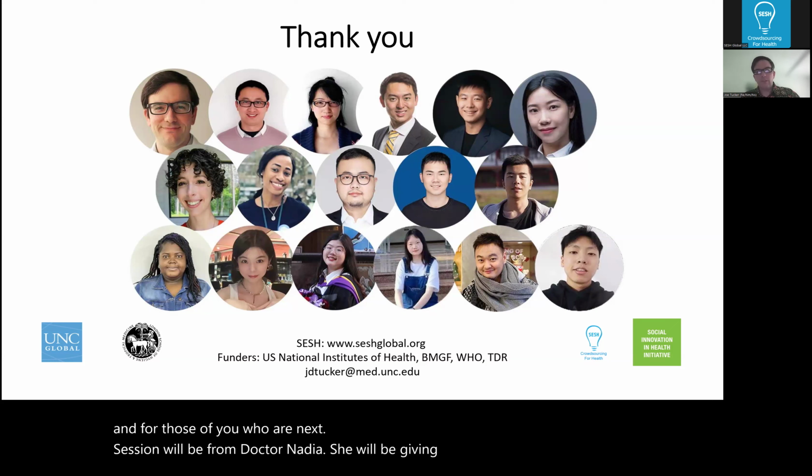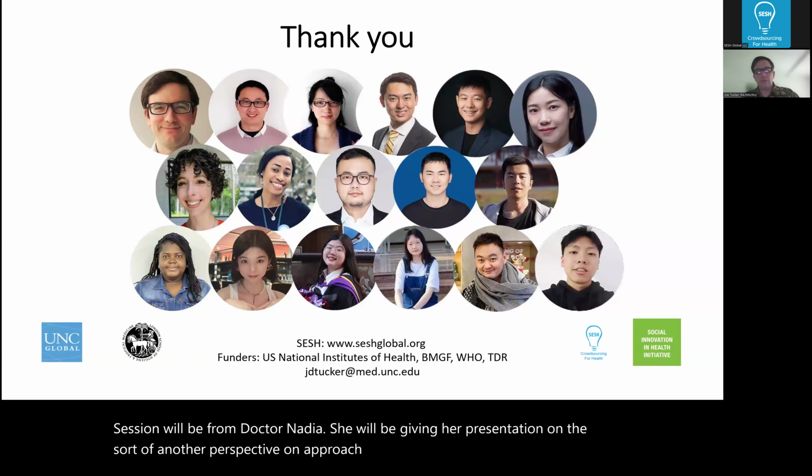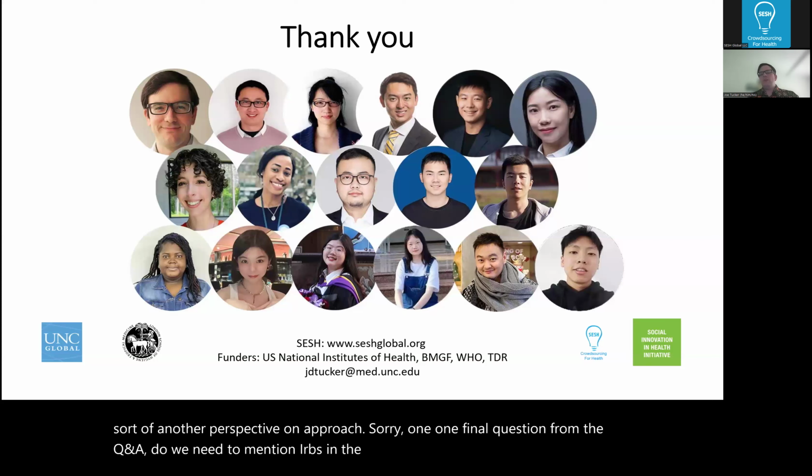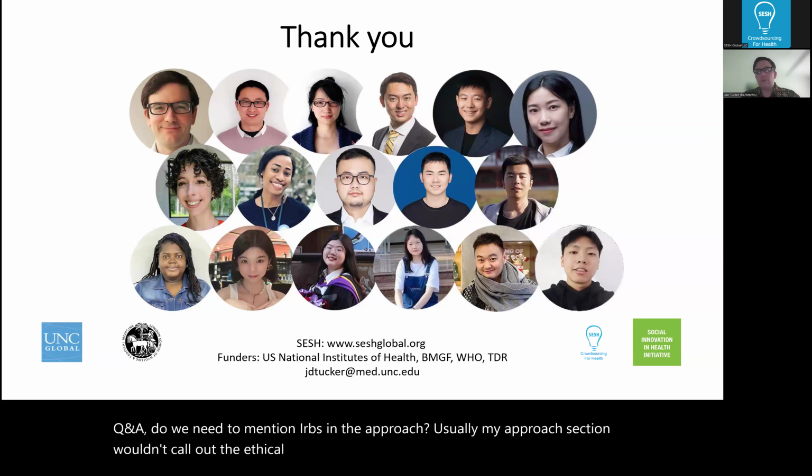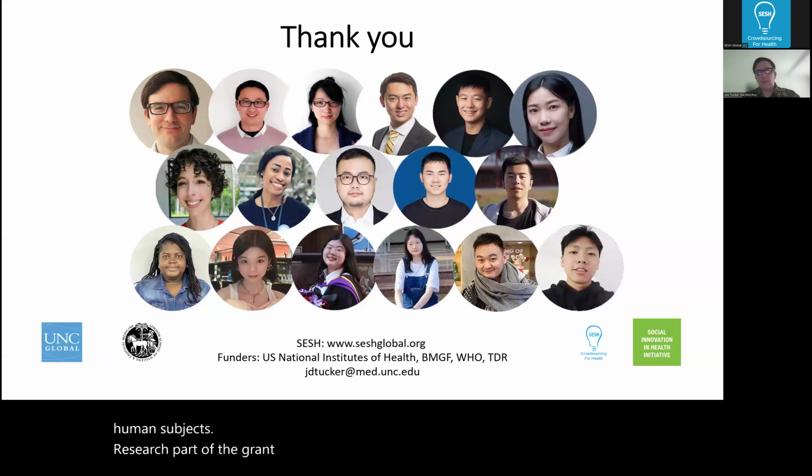Oh, sorry, one final question from the Q&A. Do we need to mention IRBs in the approach? Usually, my approach section wouldn't call out the ethical approvals. That would be very important for the human subjects research part of the grant, the HSR section. But for the approach section, you don't need to say which IRBs are going to be reviewing your proposal.